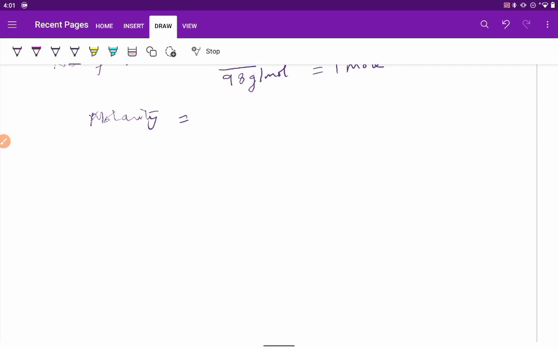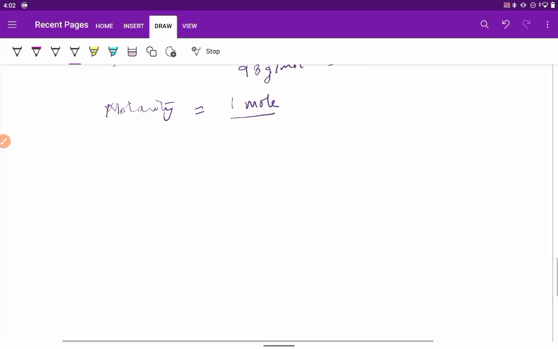Molarity is number of moles by volume in liters. So it is 1 mole divided by volume we got, 0.0556. On calculating we will get around 18.02.